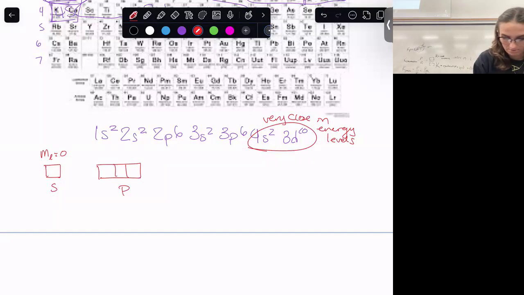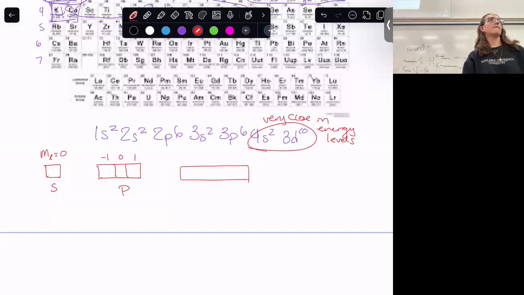Because it can be -1, 0, or 1. That can each have 2 electrons, so there's 6 total electrons in there. And then for the d, how many boxes do you think we're going to have? We can have 10 electrons, 5. Yep. This is your d orbital.